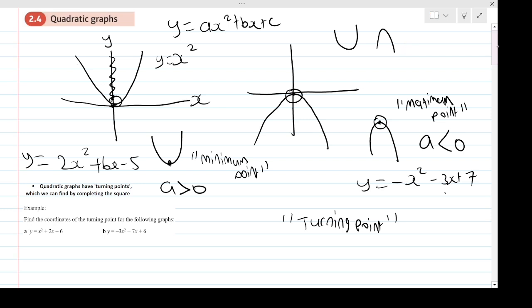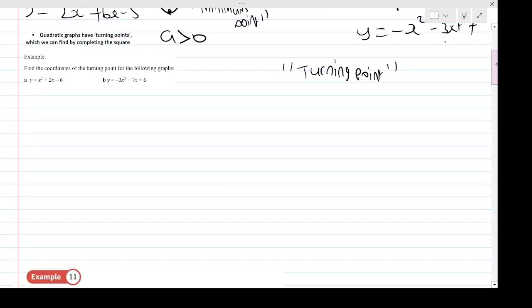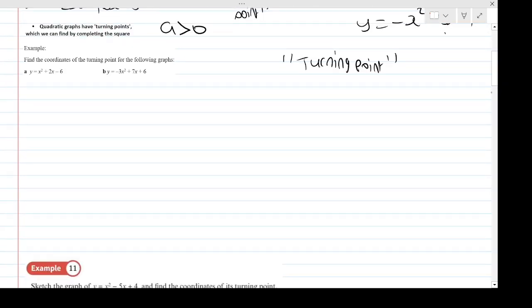So we have one of these two shapes, and both have a turning point. So every quadratic will have a turning point, but it will either be a minimum or maximum depending on the shape. But we can actually work out the coordinate of this by using completing the square, which we studied earlier, which is why completing the square can be useful.